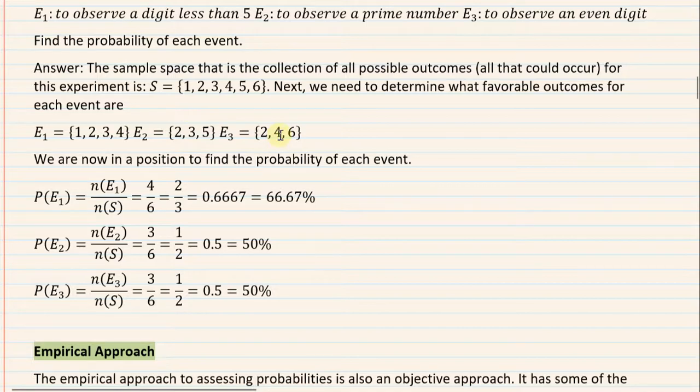Notice events could have common outcomes, as these two do. 2 and 3 are common outcomes to events 1 and 2. Event 2 and 3 have a common outcome of 2. Events 1 and 3 have common outcomes of 2 and 4. That's just coincidental.